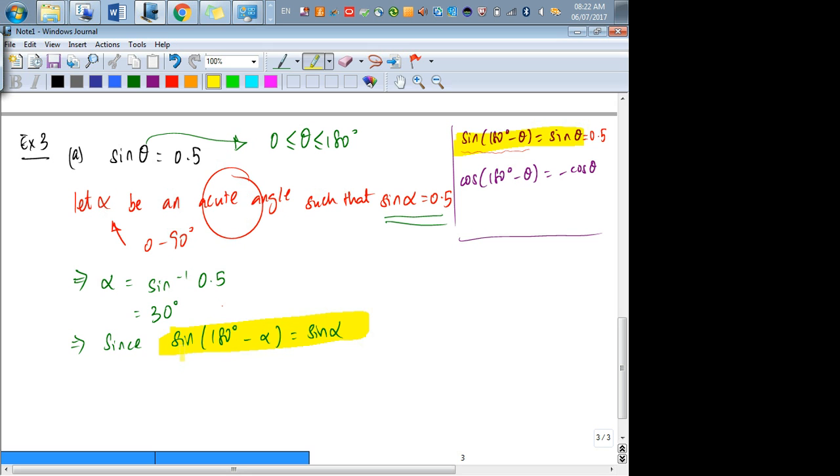Since we have proven this to be true, we can continue to say that when sine theta equals to 0.5, theta will be equals to 30 degrees, or it will be 180 degrees minus 30 degrees equals to 150 degrees.